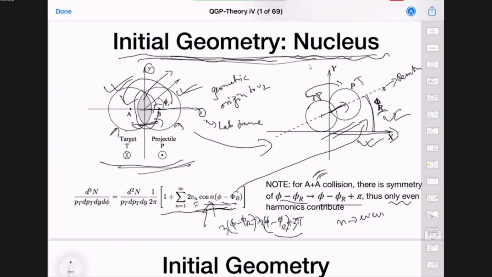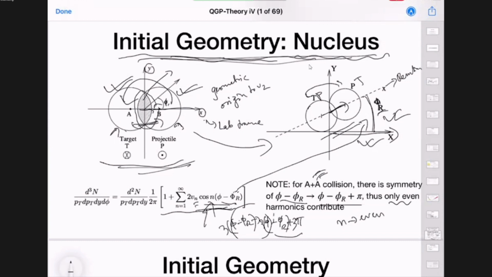So that's a minus sign, right? It will just become minus the cosine of 3 times phi minus phi r. And so once you integrate that over all phi, it will just give you 0. So all the odd harmonics will drop down, right?